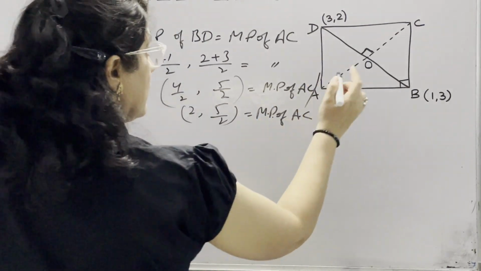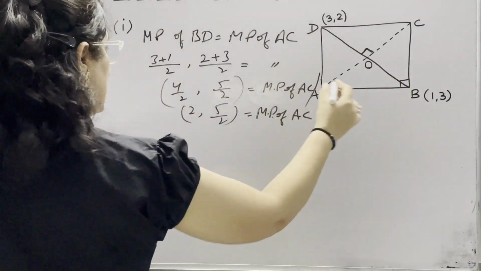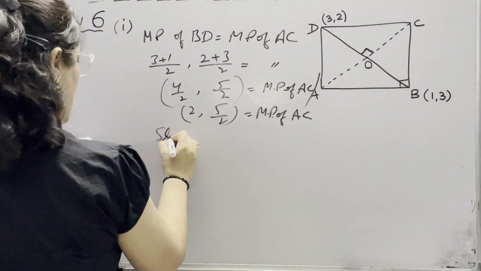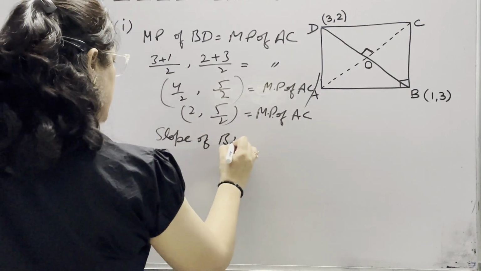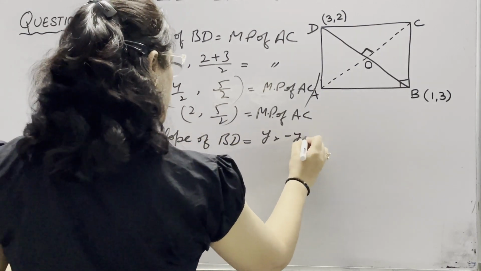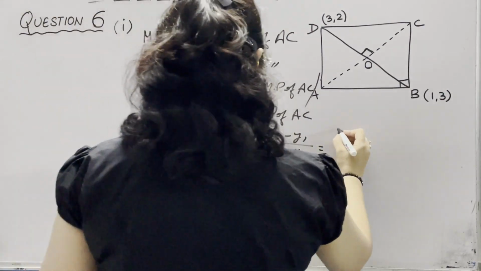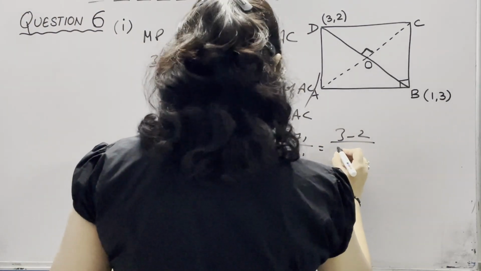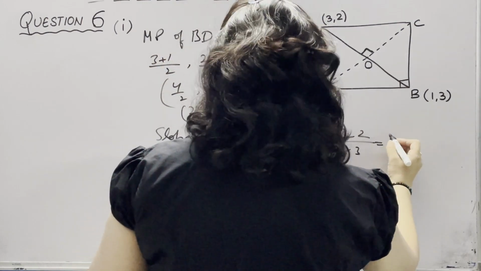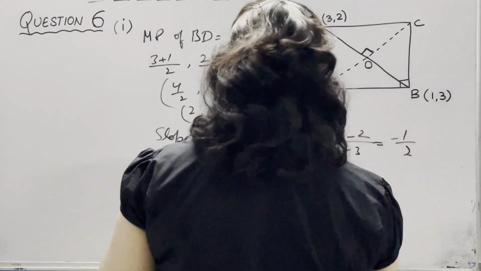Now, we need to find the slope of BD also. So, the slope of BD is equal to (y2 minus y1) upon (x2 minus x1). So, y2 is 3 minus 2 upon 1 minus 3. It is minus 1 upon 2.